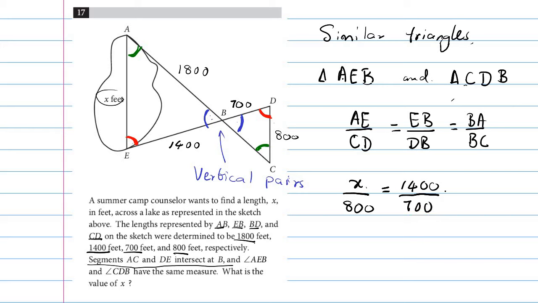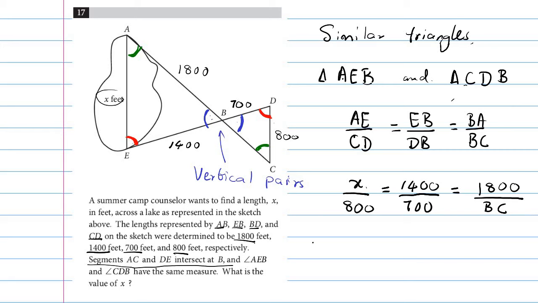Equals BA. What is BA? That's supposed to be 1800. And BC, so what's BC? BC is unknown, and I don't think we need BC to solve this problem anyway.